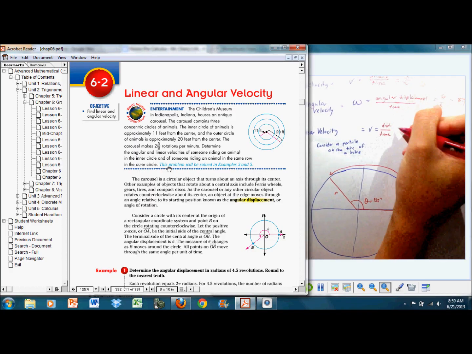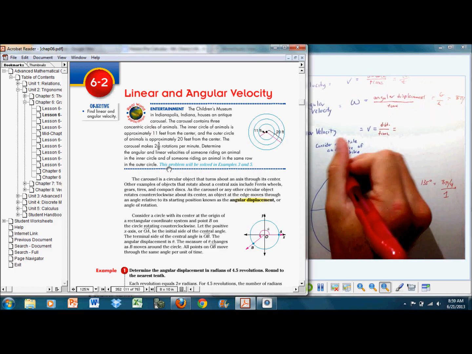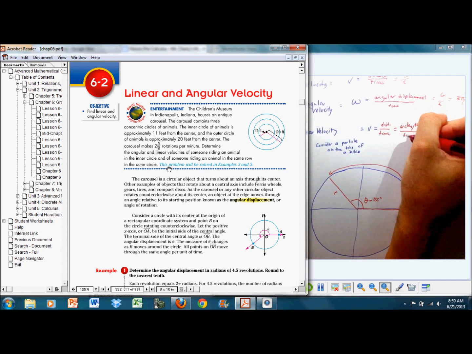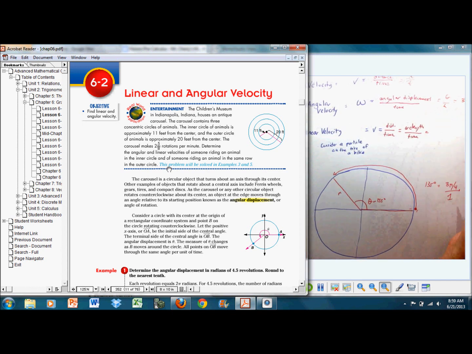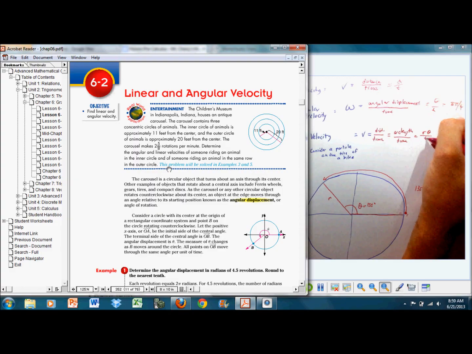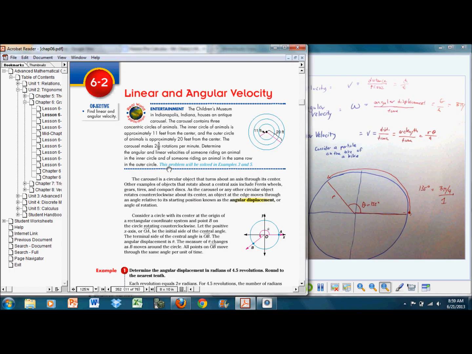The distance of the particle is actually equal to the arc length of the particle over time. And we know that arc length is equal to the radians times the radius. So that's the formula: it's r times theta over t.